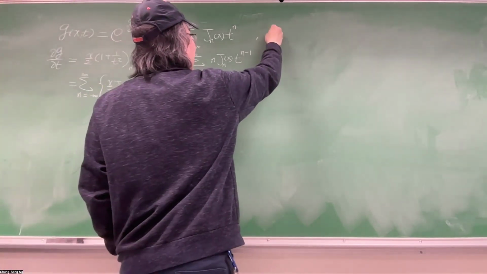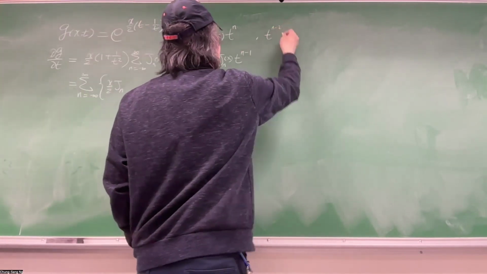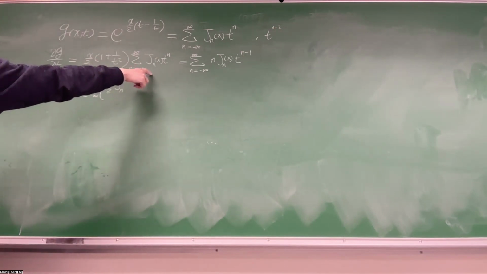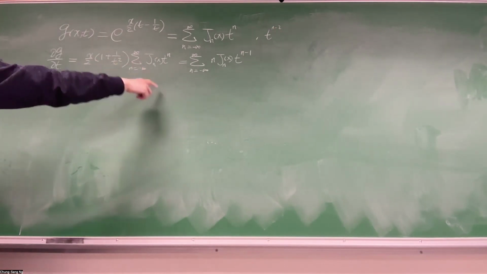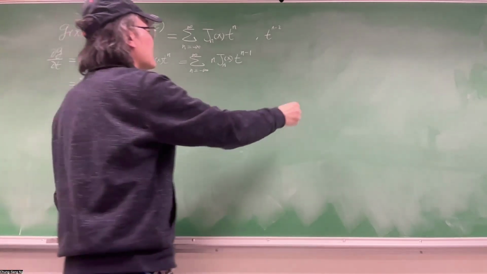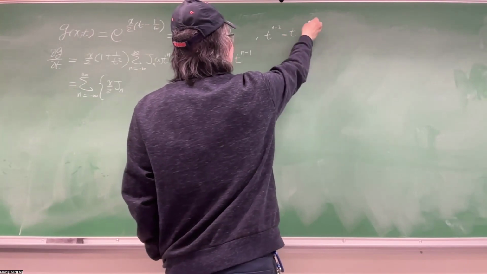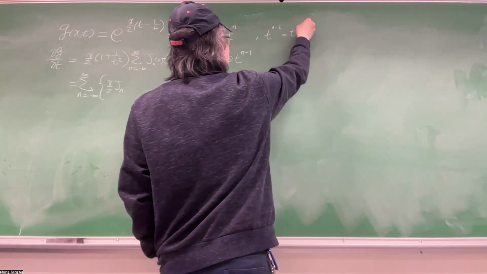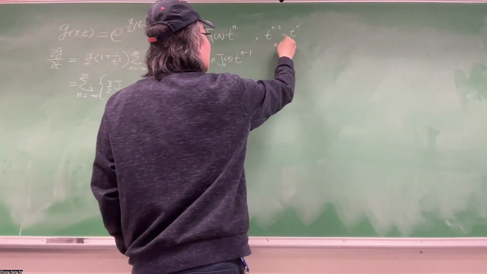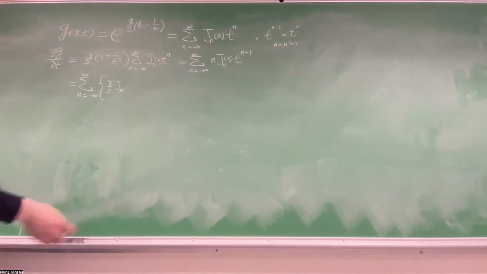If we want to get the same power as the first term, which is just t to the n, that means n equals n prime plus 2, or n prime equals n minus 2.